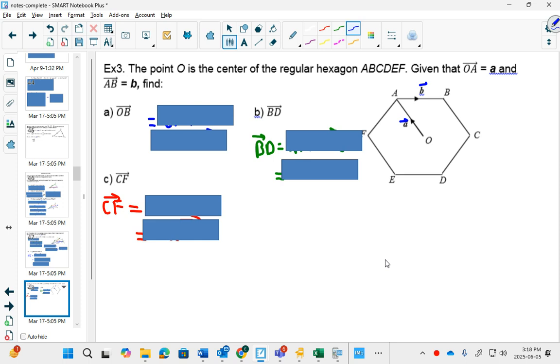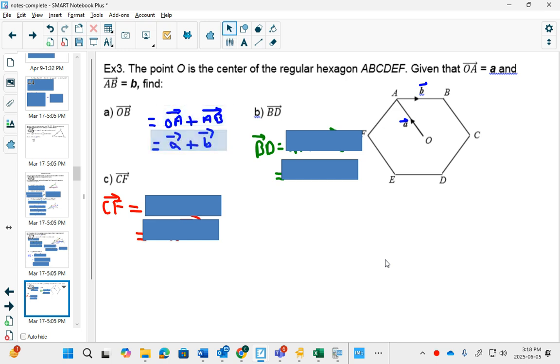And we want to find the following. How could I go from O to B if my robot could only go in directions A and B? Well, I would tell my robot to just do A, O to A, and A to B. Just do A plus B.